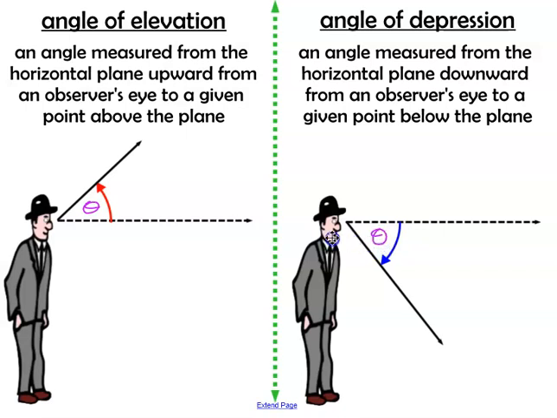So again, it's really important that in both the angle of elevation and the angle of depression you start out with that horizontal line, the line of sight, and then you're either going to elevate upwards or depress downwards. And as you make that motion, the angle created by moving the horizontal line is the angle that we are working with.